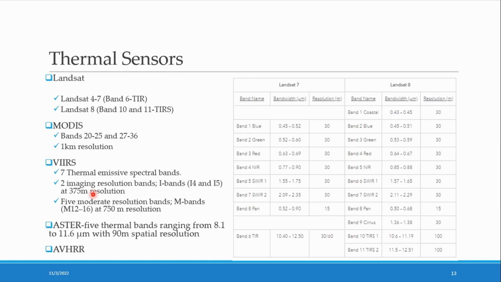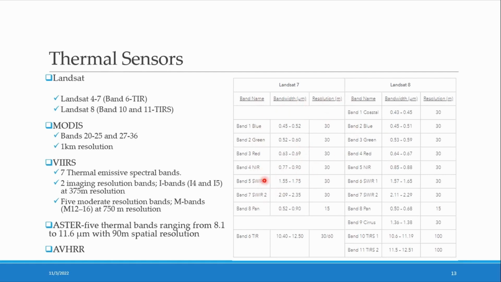Another thing I should note here is that these are the same satellites found in optical remote sensing. At the start, we said that within optical remote sensing we are utilizing the visible and near infrared. These other bands listed here are the visible, near infrared, and shortwave infrared, and they are the ones that measure reflected energy.